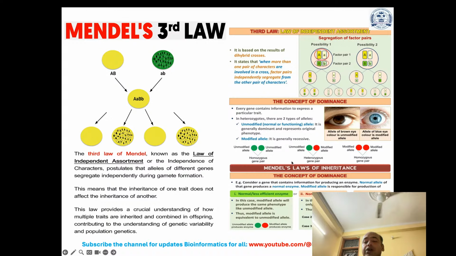If you want to understand further, consider a gene that contains the information for producing an enzyme. The normal allele of that gene produces a normal enzyme. The modified allele is responsible for the production of something different. It may produce a normal or less efficient enzyme, in which case the modified allele will produce the same phenotype as the unmodified allele.